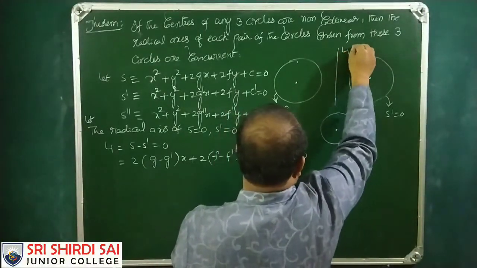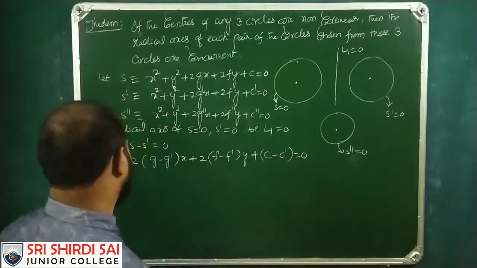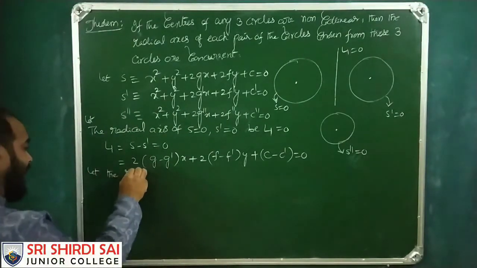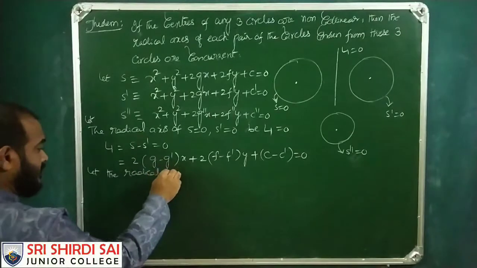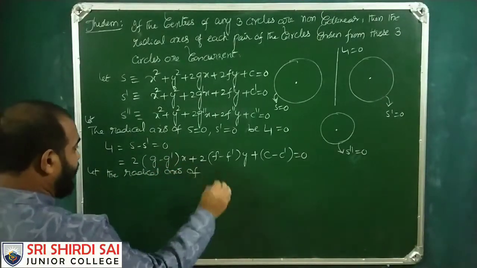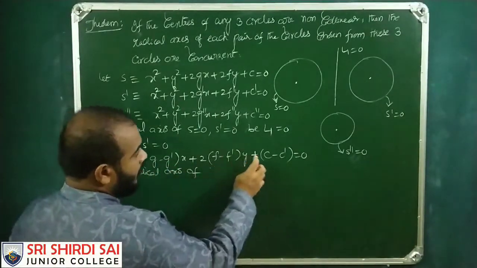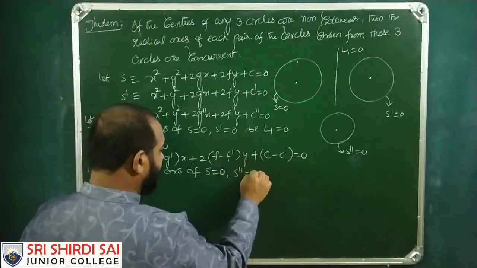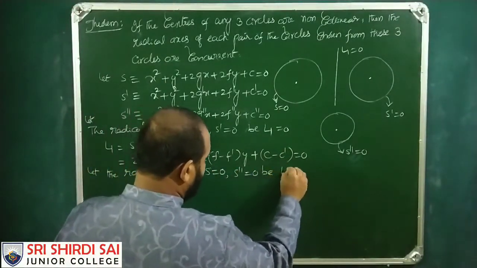Now, let the radical axis of S equals to 0 and S double dash equals to 0 be L2 equals to 0.